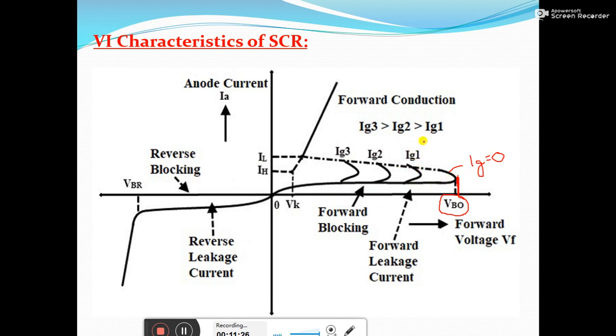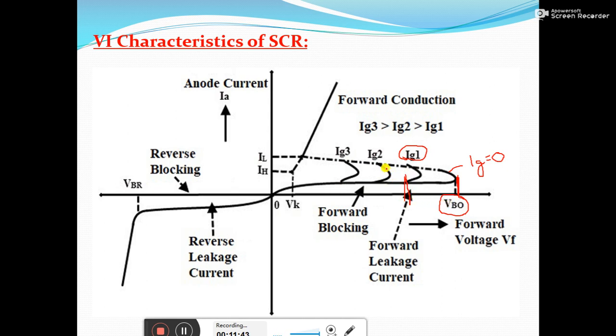Let's see what happens if we apply the gate voltage and provide more and more gate current. Let's say for the first time, if you apply a small gate voltage and the resulting current is I_G1, you can see the breakover happens at this stage only. So the VBO is reduced.